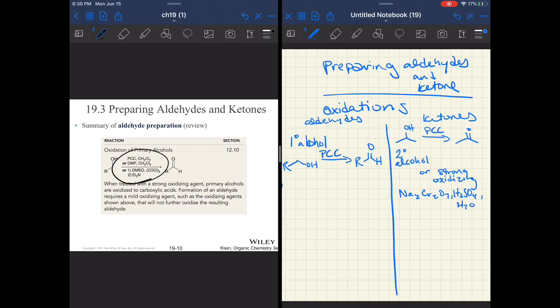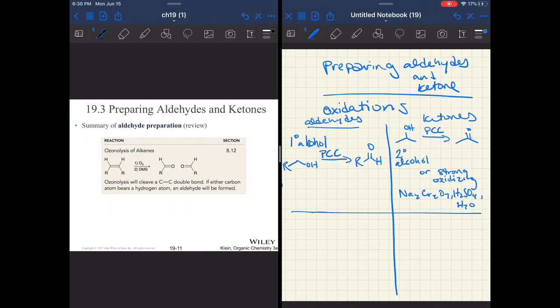You could use your KMnO4 solution. There's a few different options, but with secondary alcohols, you just need something that's going to oxidize, and it will stop at a ketone. PCC, really, really important reagent for making an aldehyde. And those are our oxidations there.